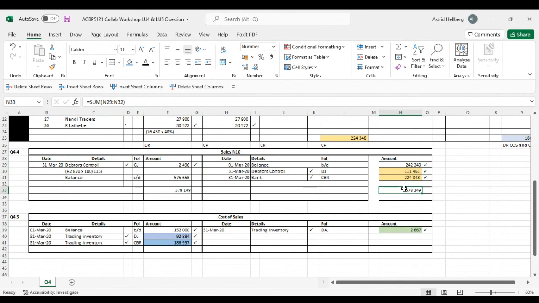We transfer that total to the debit side, and then we balance it by deducting the 2,496 from the 578,149 to give us a balance of 575,653 on the 31st of March. And then the last thing you have to do is you transfer that balance and bring it over, or balance brought down for the next period, and that amount here and there should be exactly the same.